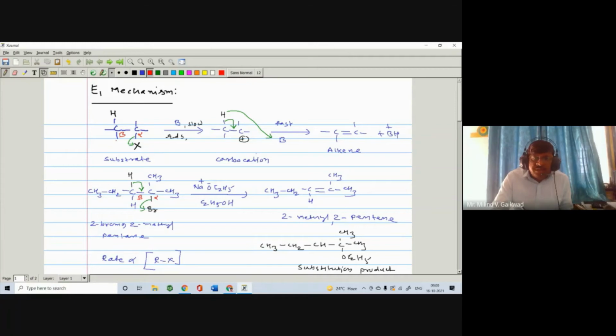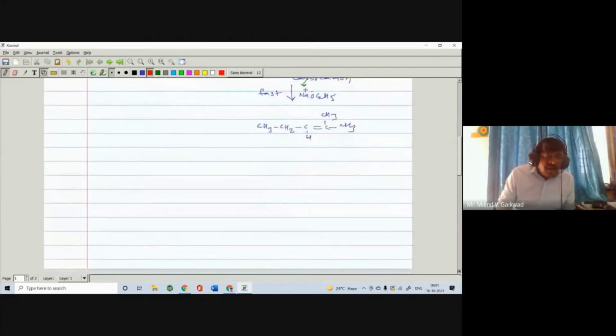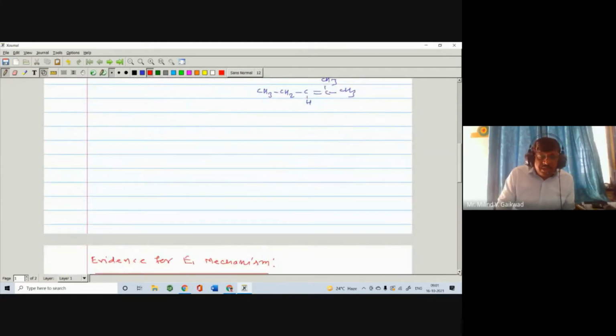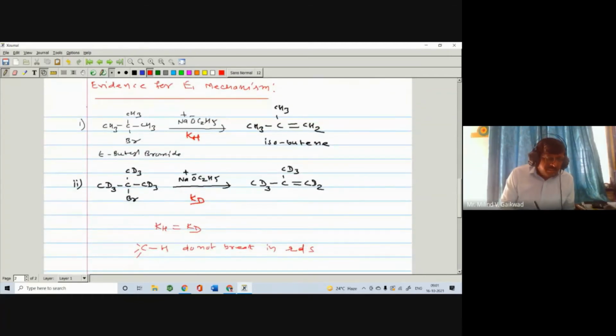If it were involved in the RDS step, then the rates would not be the same. So this indicates that as the CH bond breaking is not involved in the RDS step, there is no kinetic isotopic effect. This is the first evidence that we can give.